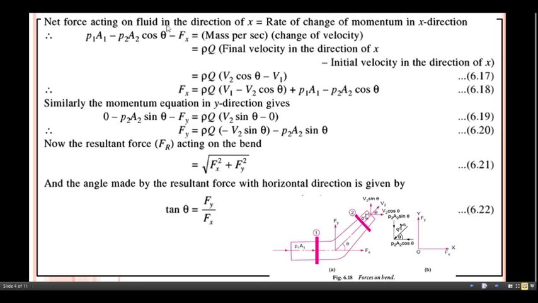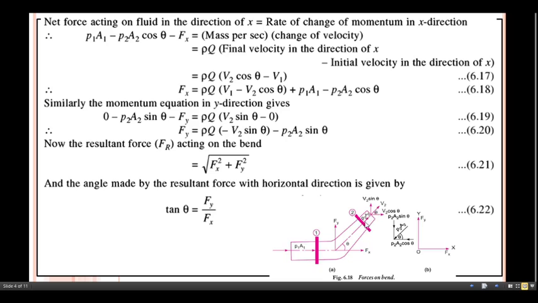the net force acting on a fluid in the x direction equals the rate of change of momentum in the x direction. Now see, the net force acting on the fluid in the x direction has P1 A1 with us. Then the component of Fx, we are considering in the opposite direction, so you get minus Fx.